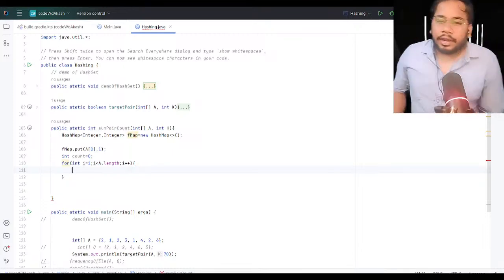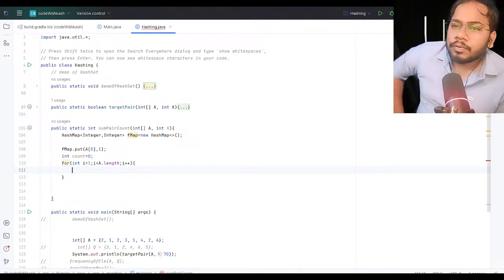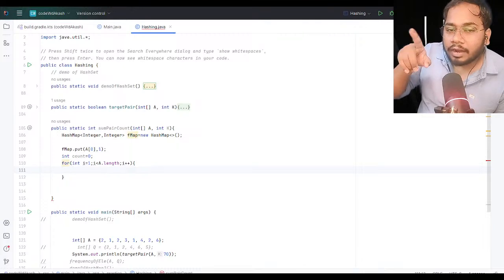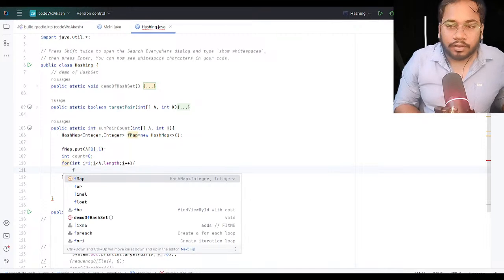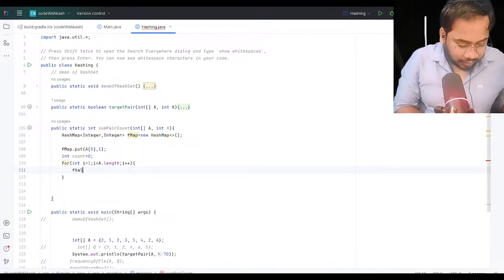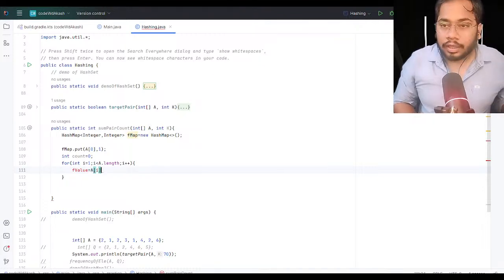And after that, what we have to do? We have one a of i and another one x. So let's take that as first value. So it will be a of i.